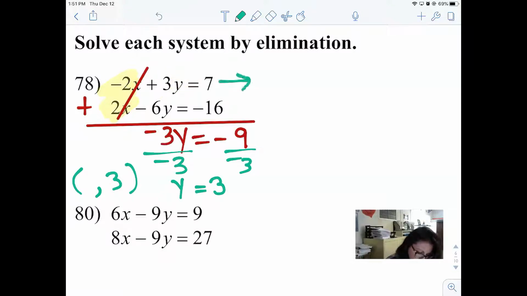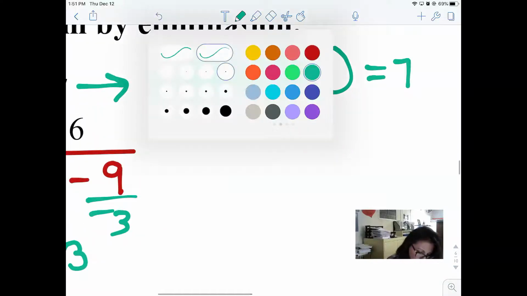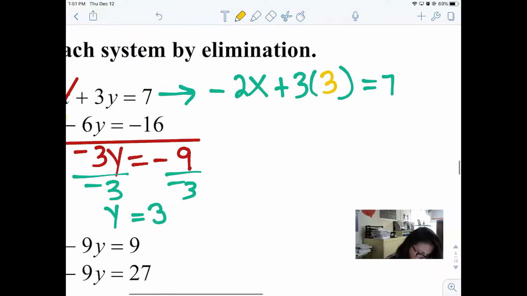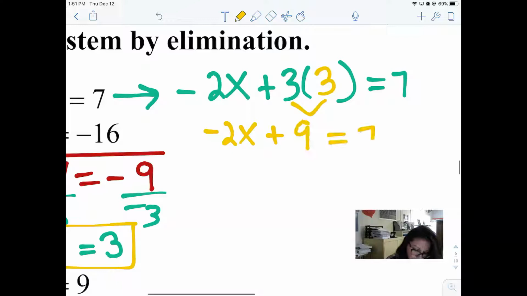So it's negative 2 times x plus 3 times y, which equals 7. Now I'm solving for x after I plug in y equals 3. So I get negative 2x plus 3 times 3, which is a positive 9, equals 7.